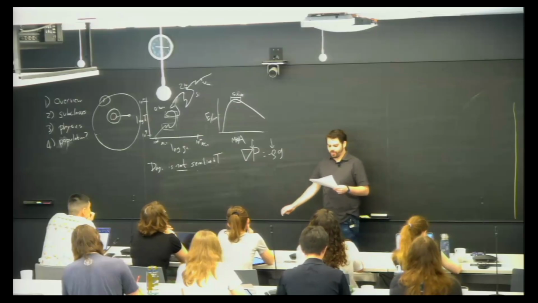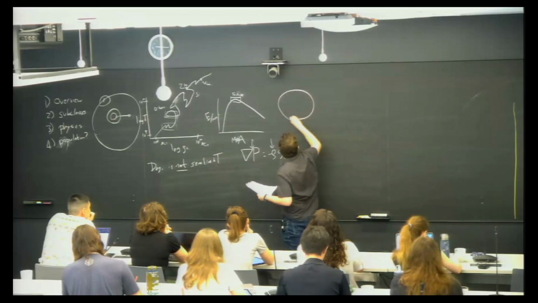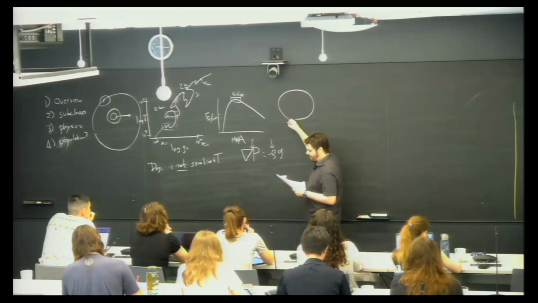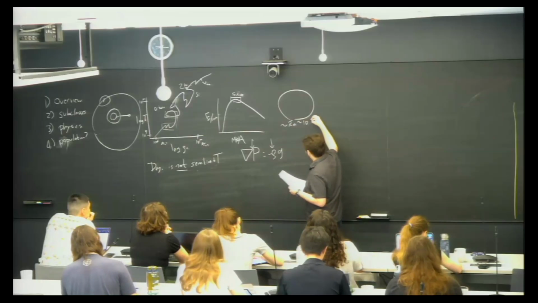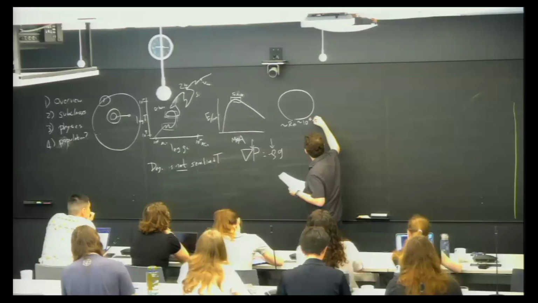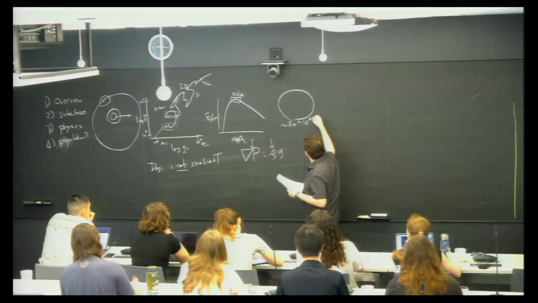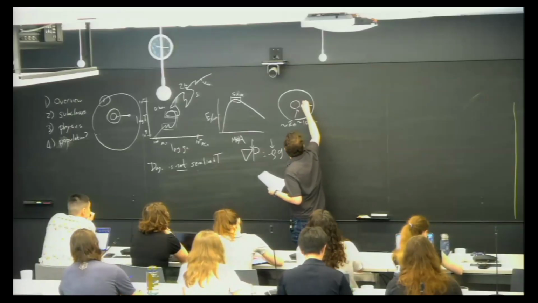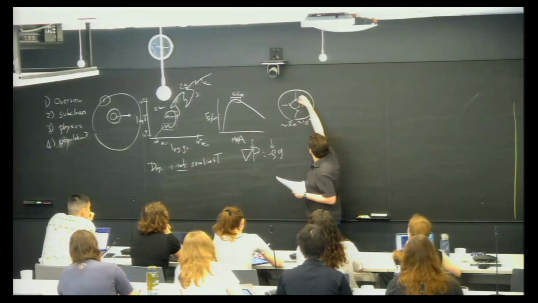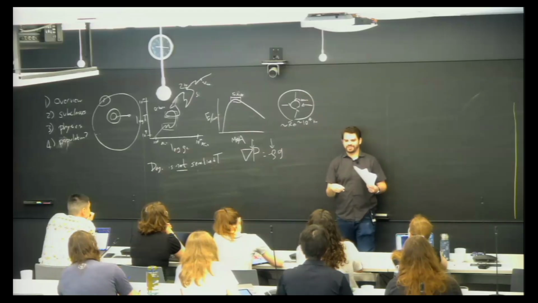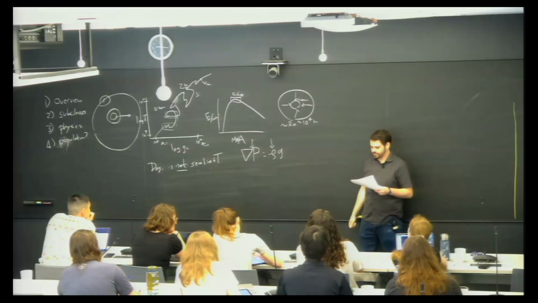So now we have this wonderful collapse where we go from roughly the radius of the Earth, which is something like 10 to the 4 kilometers, down to the radius of a protoneutron star, which is about 100 kilometers. So 2 orders of magnitude. How long?